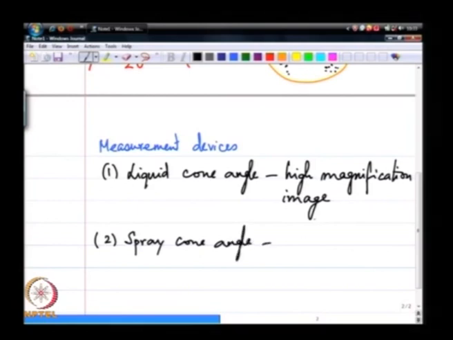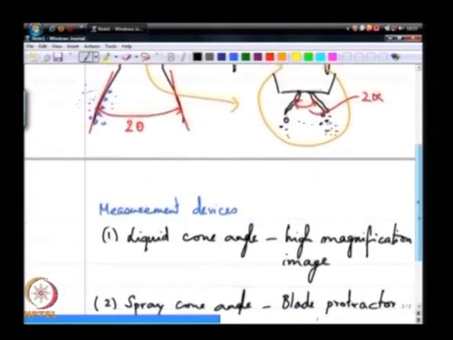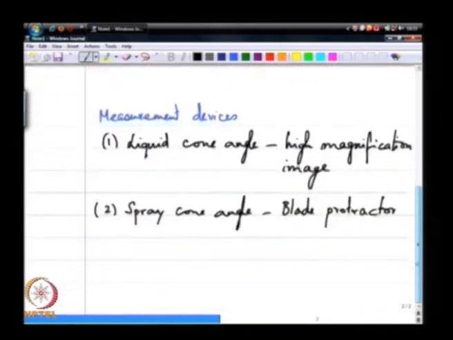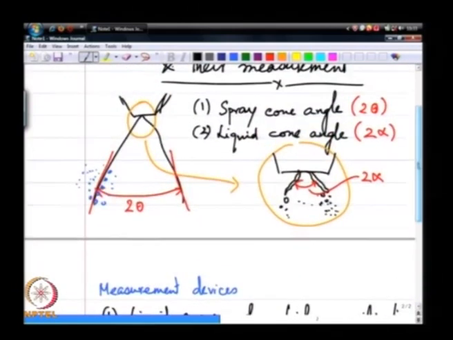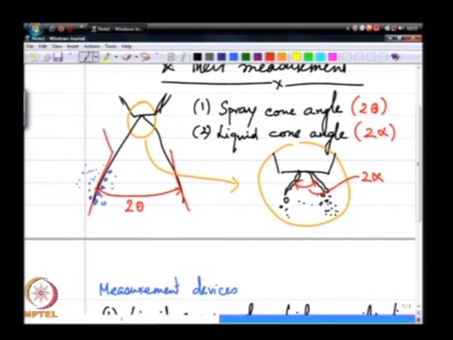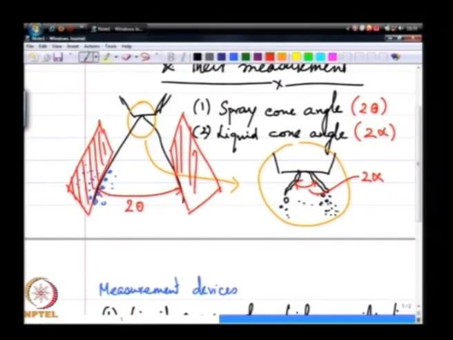So, one of the basic problems with using a blade protractor is poor repeatability, or actually more precisely poor reproducibility. Operator to operator, while one operator working on one spray nozzle may be able to reproduce the same result, may be able to actually repeat the same value of measurement, if you bring in several operators and have them test the same spray nozzle, you are likely to get high variability.